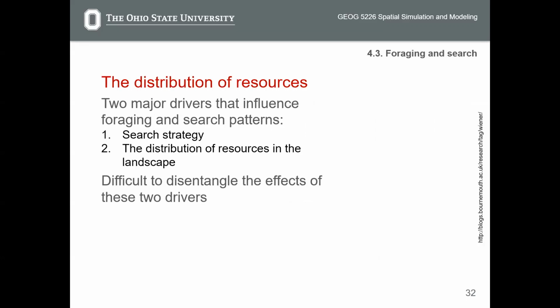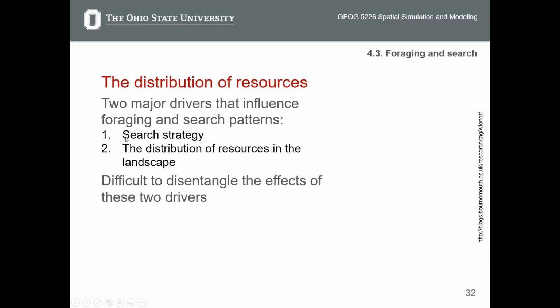And the distribution of resources is also important in foraging and searching behavior. There are two major drivers that influence foraging and searching patterns. Of course, the searching strategy is important, and the environment is also important. Sometimes it's difficult to disentangle the effects of these two drivers.